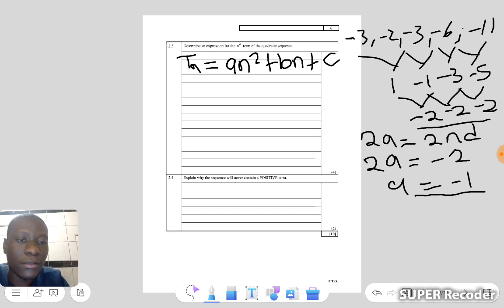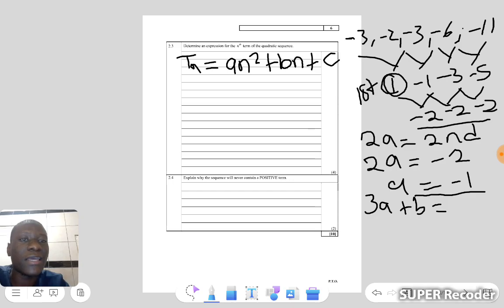To find b, the formula is 3a plus b equals the first term of the first difference. This is the first difference, right? So you have to equate this 3a plus b with the first term of the first difference, which is 1.